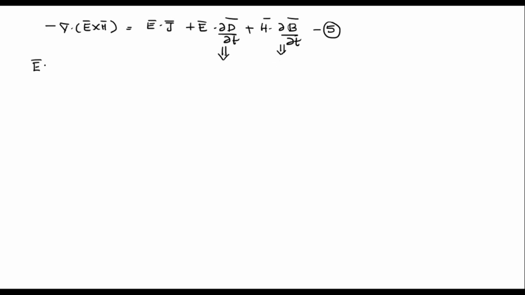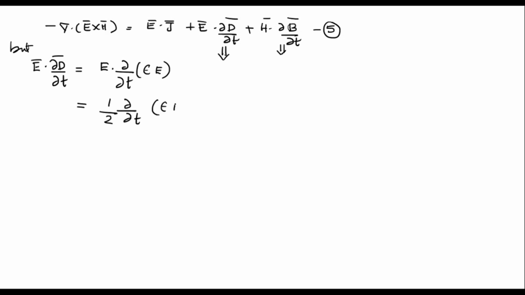E dot dou D divided by dou T can be written as E dot dou by dou T of epsilon E, since D is equal to epsilon E. So E dot dou D divided by dou T is equal to E dot dou by dou T of epsilon E, which can be written as half into dou by dou T of epsilon E square.